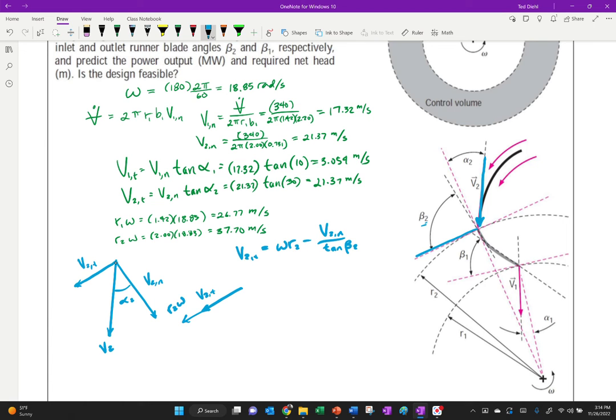Hopefully they look kind of like the same size. Here's our V2 normal again. But what we want is really the relative to be right there, right? So there's going to be the relative velocity. That's what we would like the relative velocity to be coming in just at that position right there.